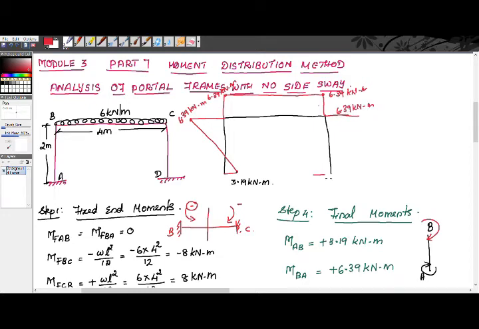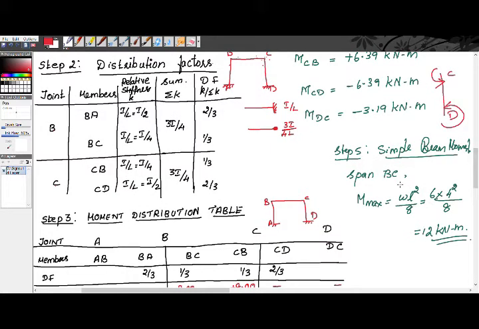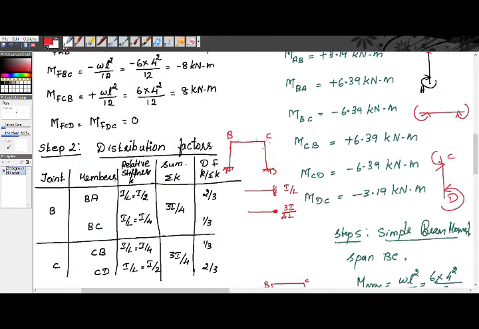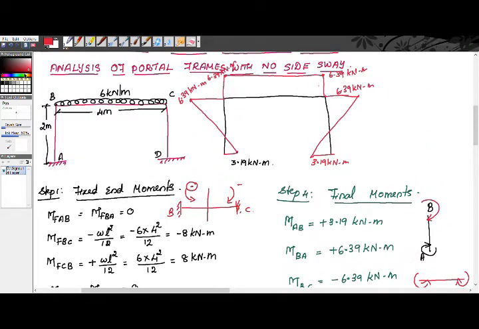Next it is pointing towards the left, 3.19 kilonewton meter. Now we didn't draw the simple beam moment diagram. So the simple beam moment diagram is there only for BC, it is 12 kilonewton meter. It will be a parabola. That you have to draw first, okay? It is 12. So it will be like this.